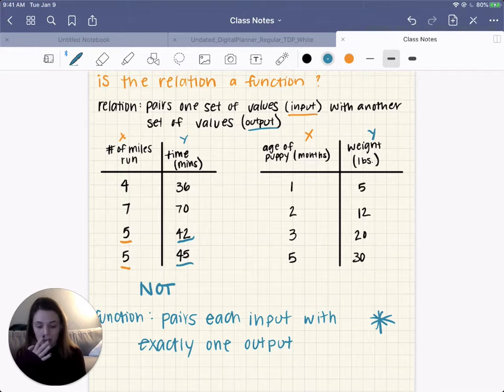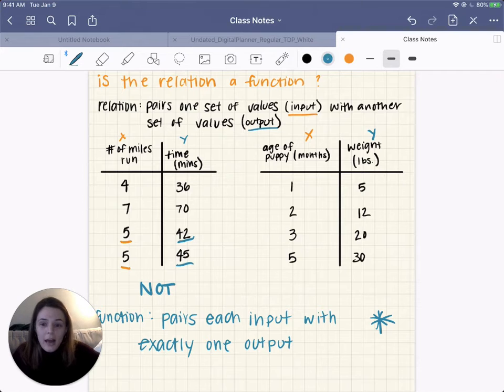Okay, let's look at the other one. We have 1 month, 5 pounds, 2 months, 12 pounds, 3 months, 20 pounds, 5 months, 30 pounds. Each input does have its own output, and it has only one output. So if you think about it, let's say that this measurement is always taken on the last day of the month.